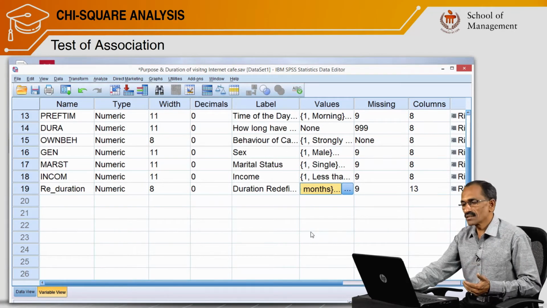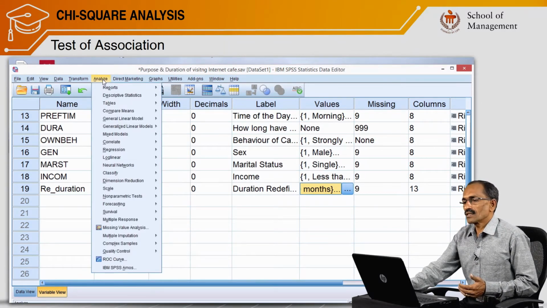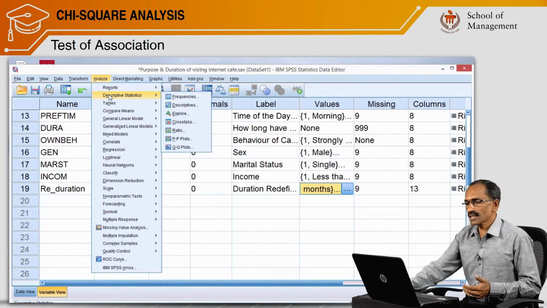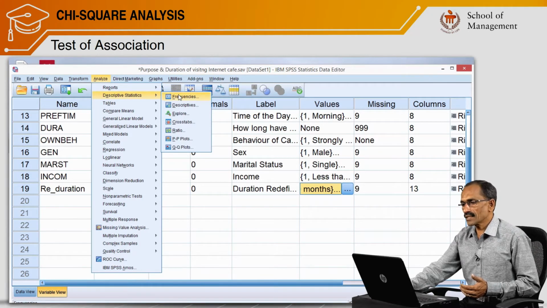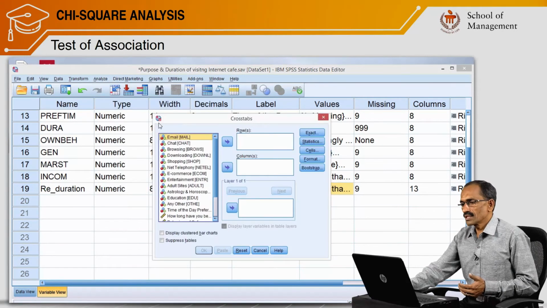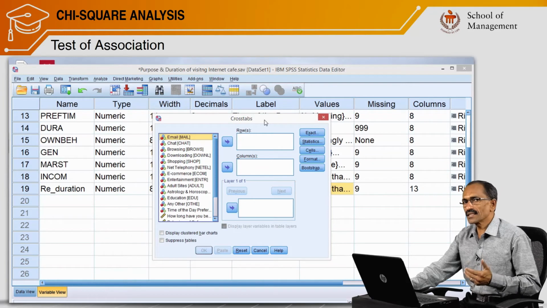How will you proceed? We will go to analyze, then locate descriptive statistics. From descriptives to the extended menu, we will click on cross tabulation. So cross tab, since the chi-square test for association or chi-square test for independence is nothing but a test based on contingency table.